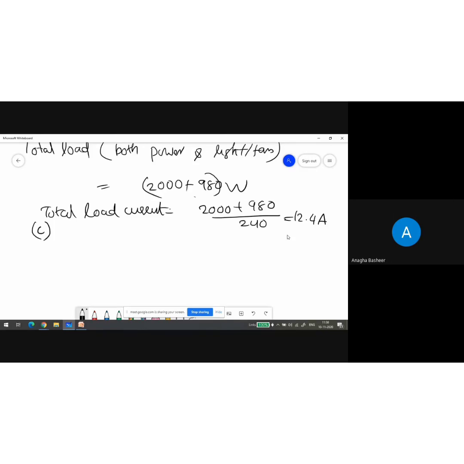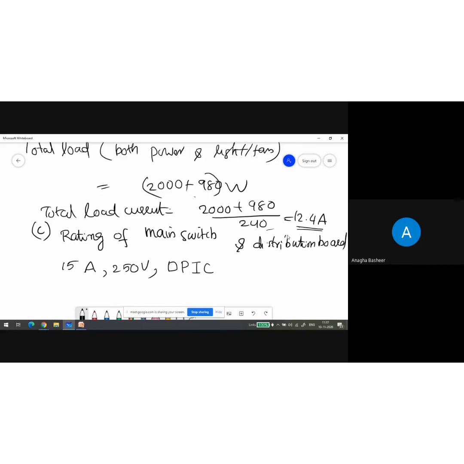The part C of the question is rating of main switch and distribution board. So the standard rating is 15 ampere, 250 volts, double pole iron clad.